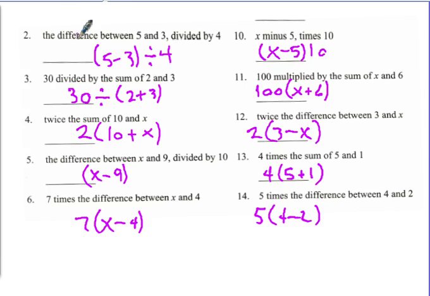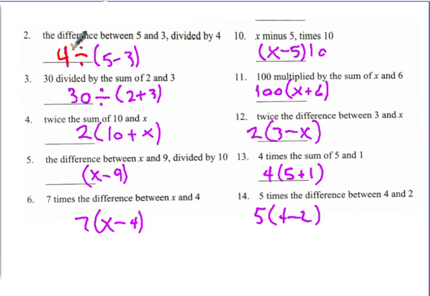If you look at the first one, the difference between 5 and 3 divided by 4. Here it is important that you have the difference between 5 and 3 before the divided by symbol. So in other words, let me just show you, if I were to write 4 divided by 5 minus 3, this says something different.